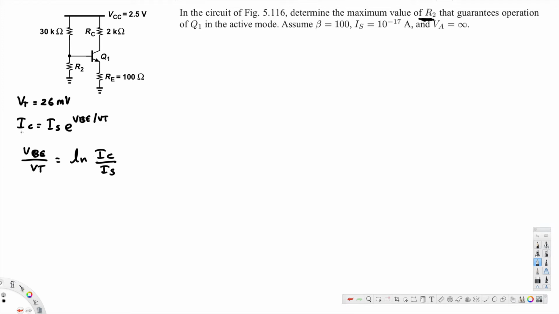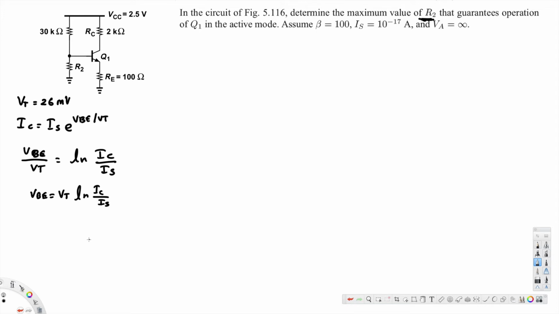I just brought IS to this side and took ln, so e cancels and we get ln on the other side. Now from this one we can derive the equation for VBE, that is equal to Vt times ln of IC over IS.